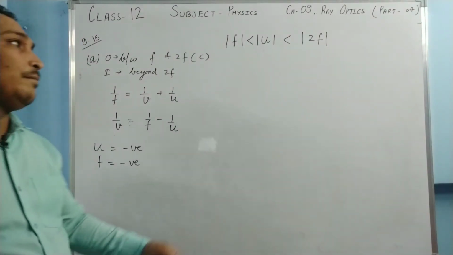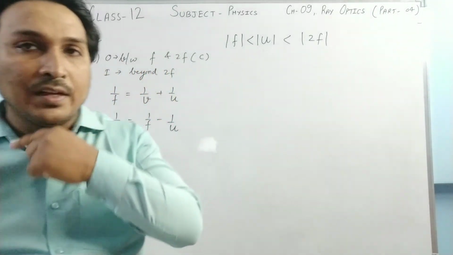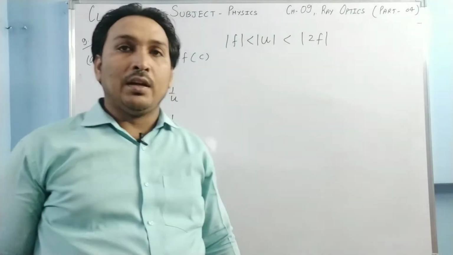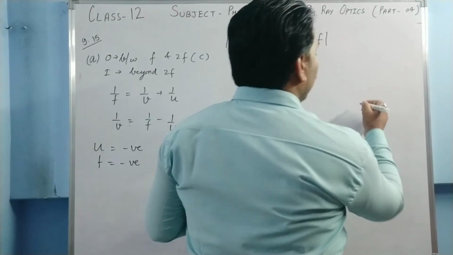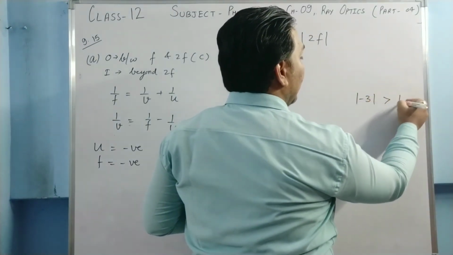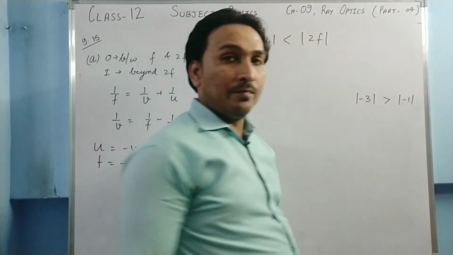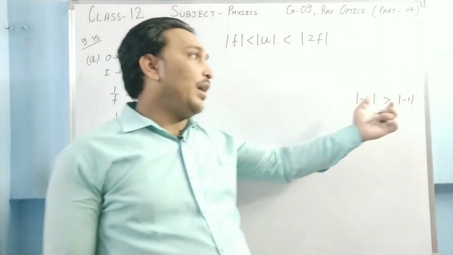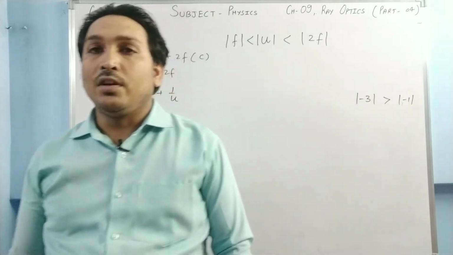Now just see, f, u and 2f, all these three numbers are negative. So when we remove this magnitude sign, the inequality will change. Let me give you a hint from that. Suppose minus 3 is greater than minus 1 in magnitude, which is true. The magnitude of minus 3 is 3, the magnitude of minus 1 is 1. So minus 3's magnitude is greater than minus 1's magnitude.